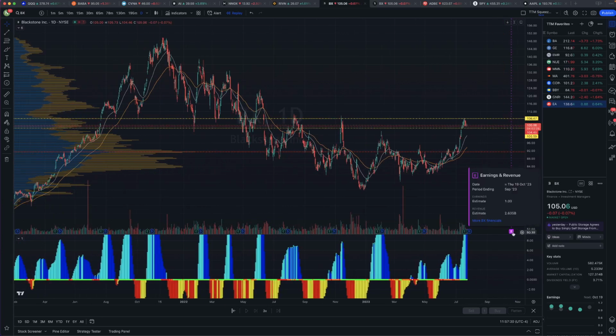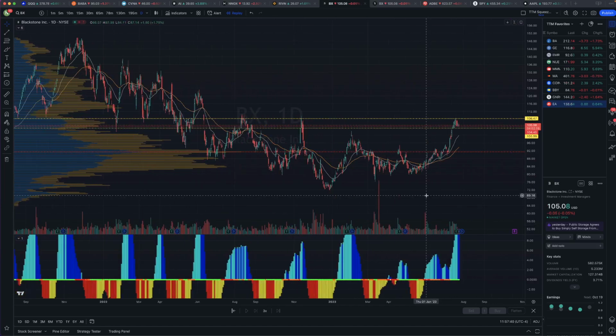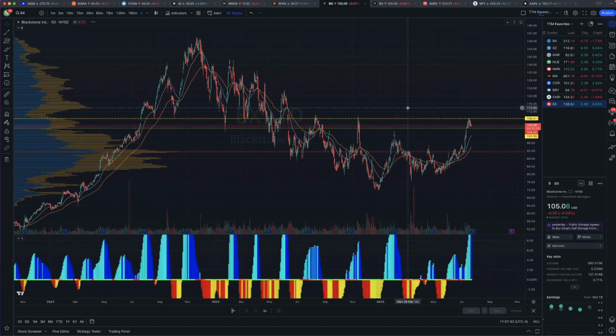You could play all the way out to October if you wanted to. They have earnings October 19th, but it will resolve itself prior to that. But if we can get a breakout over these levels here at 108.67, there's some room up to 113.81.